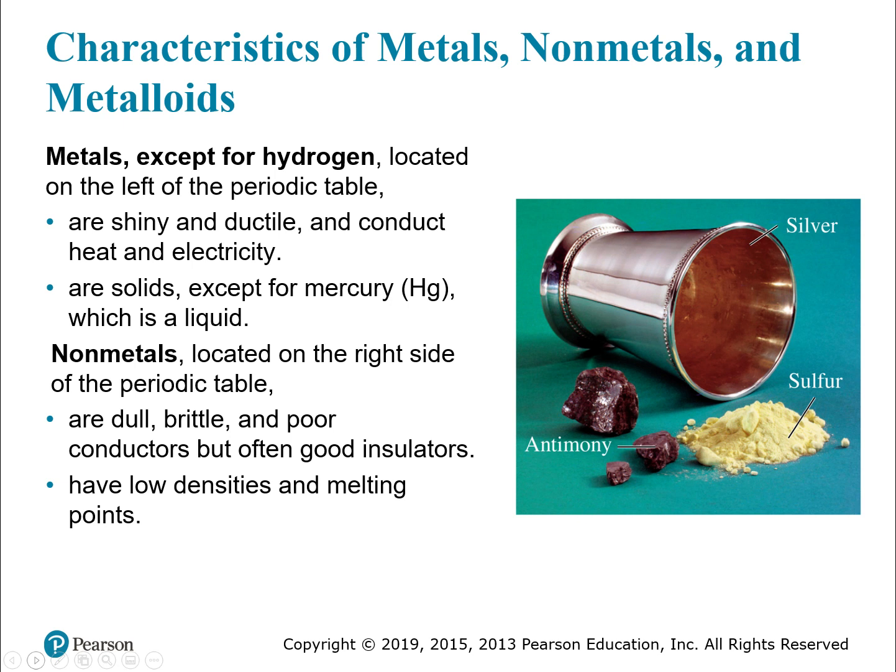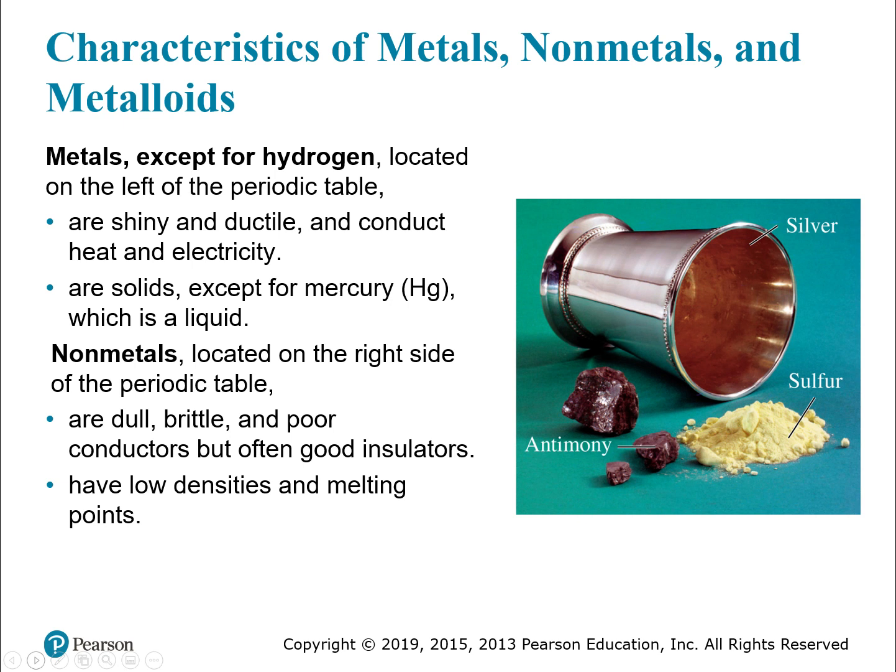Nonmetals, which remember are on the right side of the periodic table, are dull, they're brittle, they're terrible conductors, and they have low densities and low melting points. Nonmetals are essentially the exact opposite of metals. So if a metal is shiny, then a nonmetal is dull.